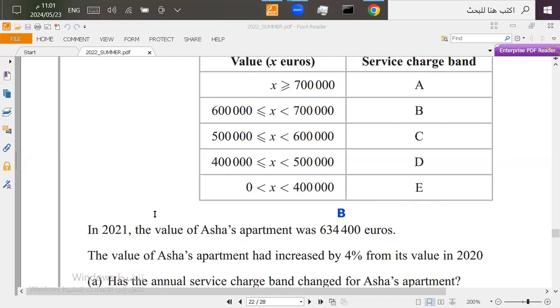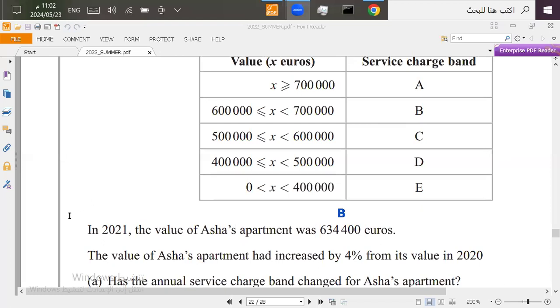Now we want to check after 1 year of 4% increase, did the service change or not? Did it become larger than 700,000 or not? So let's find the 4% increase and then check if the service changed.